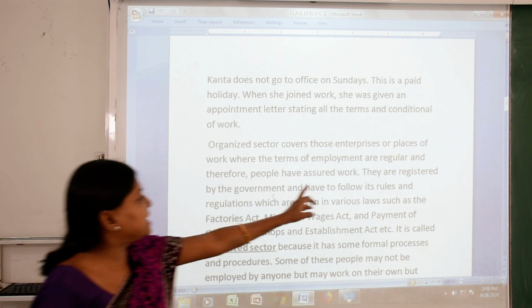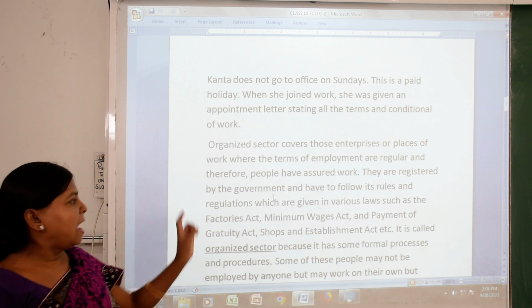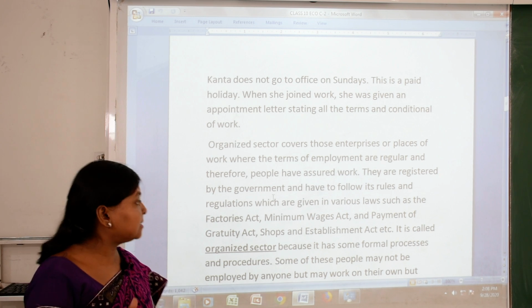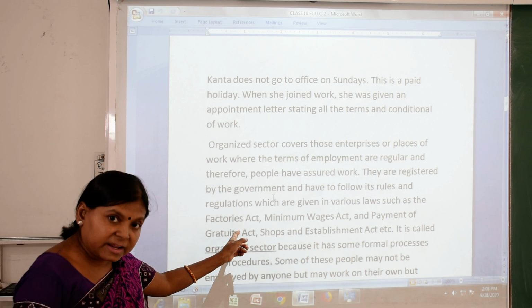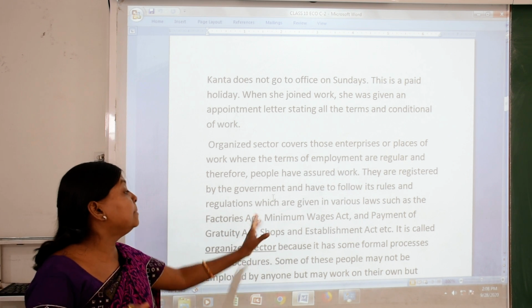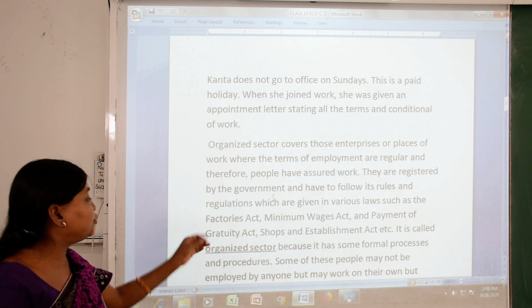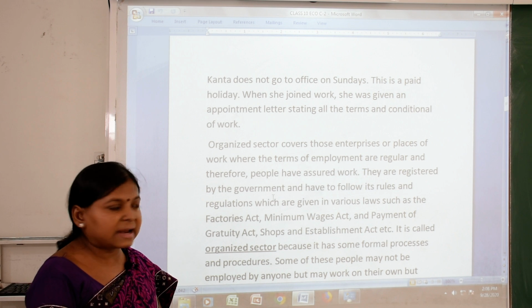Organized sectors, they are registered by the government. They are registered by the government and they have to follow its rules and regulations which are given in various laws such as the Factory Act, second one Minimum Wages Act, third Payment of Gratuity Act, Shops and Establishment Act, etc.